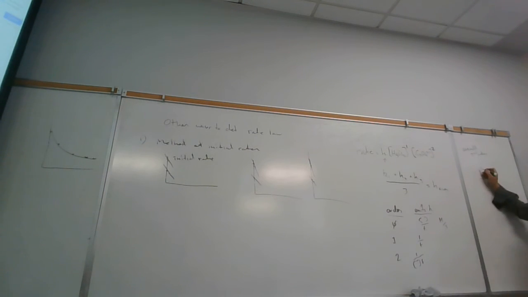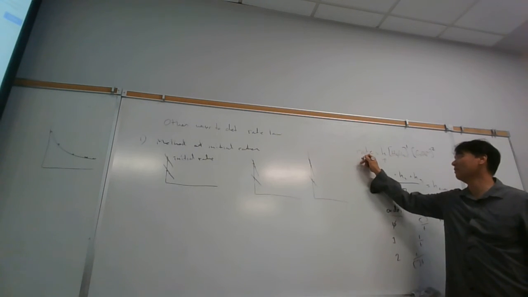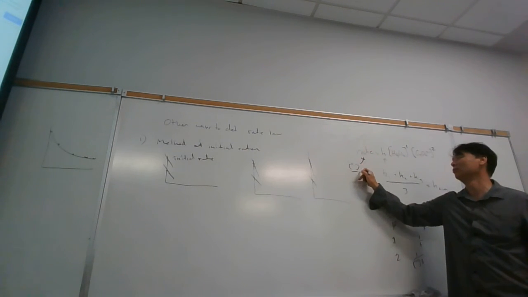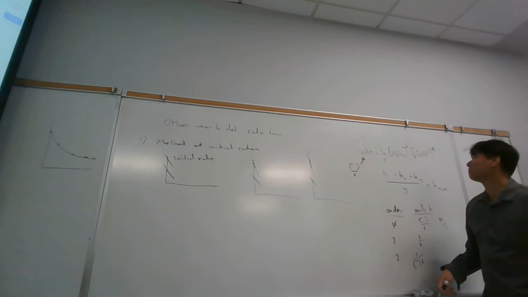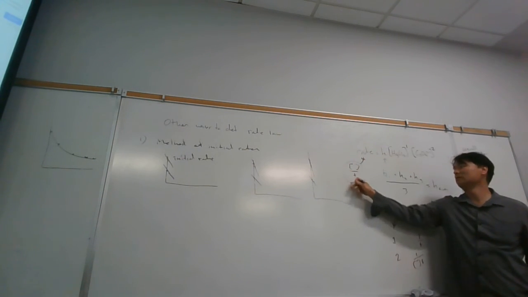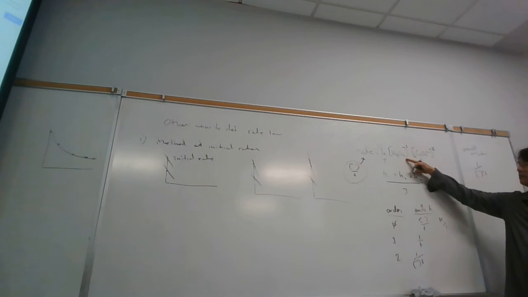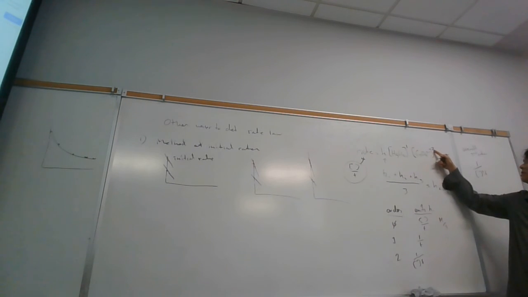And so this third order overall is going to tell us that the K value is going to be 1 over molar squared time. And the reason is because the units, the rate always has to have the units of concentration over time. Because it's delta A over delta T, delta concentration of A over delta T, then that means if this is molar to the first, this would be molar to the second.